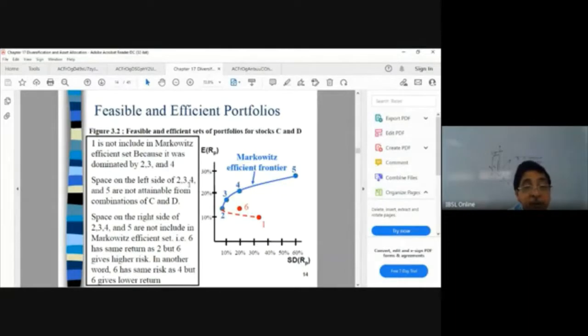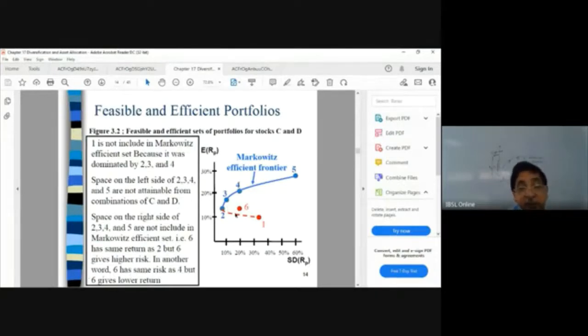Space on the left side of 2, 3, 4 and 5 are not attainable from combinations of C and D. Space on the right side of 2, 3 and 4 are not included in the Markowitz efficient set, because there's another point given here. 6 has the same return as 2, but 6 gives higher risk. In other words, 6 has the same risk as 4, but 6 gives lower return.